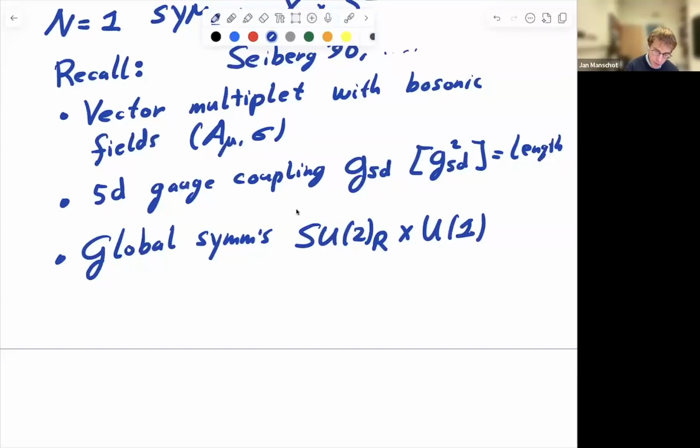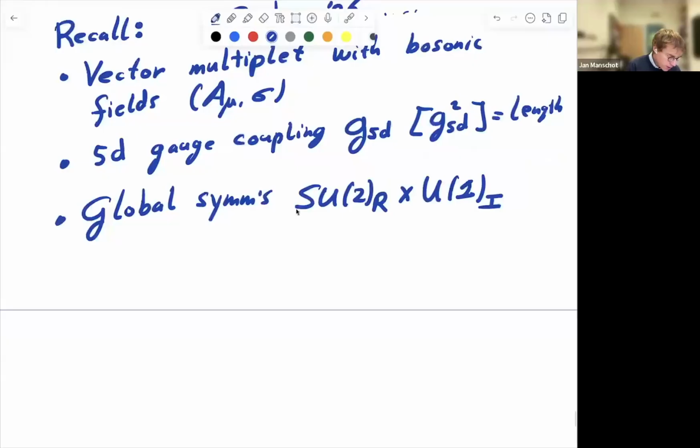Even though we just consider the vector multiplet, we don't include any hypermultiplets, yet this theory has an additional global symmetry, the U(1)_I symmetry, for which the current is the instanton density.